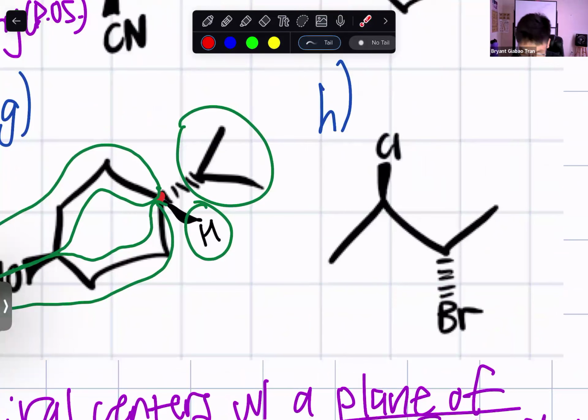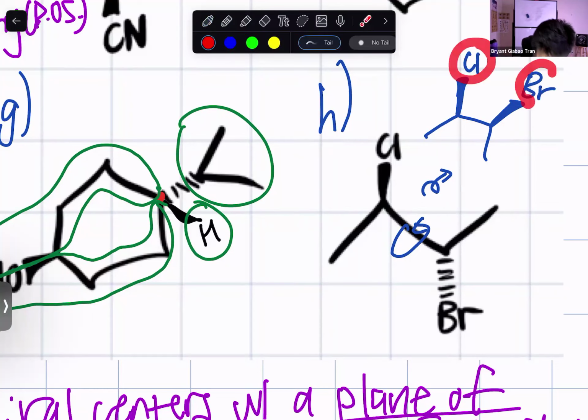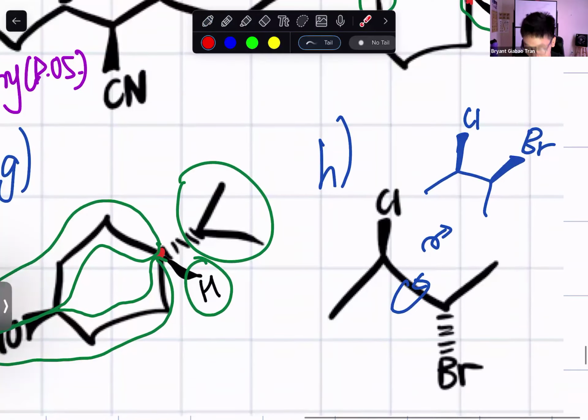Yeah, it does rotate, and we do have one wedge, one dash. But what do you notice about these two groups right here? So let's say we did rotate it. Right, we get that. This wedge stays as a wedge. Keep that stationary. This dash gets inverted to a wedge. But like, what do you notice about these here? Is there a plane of symmetry from here?